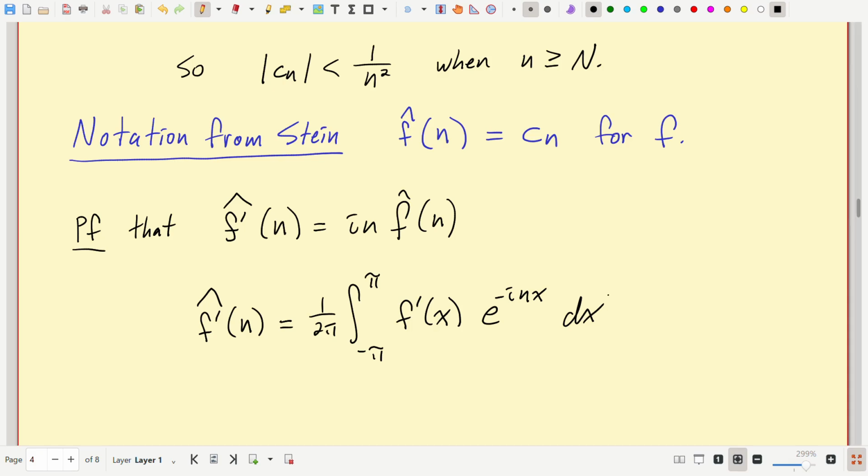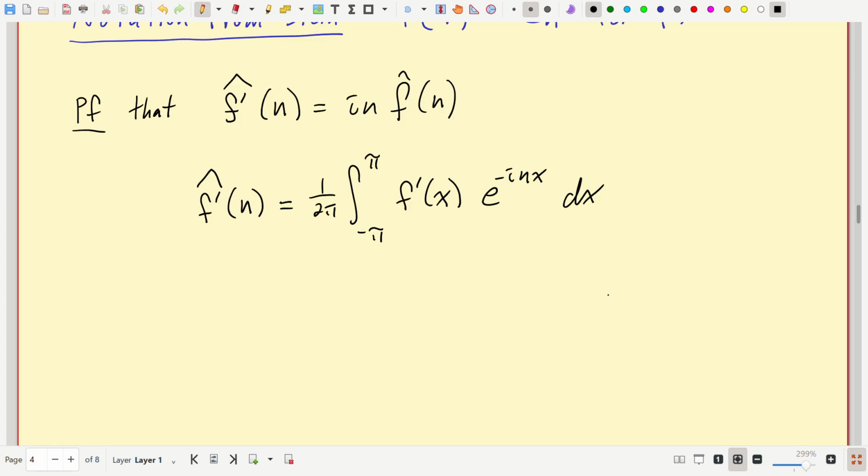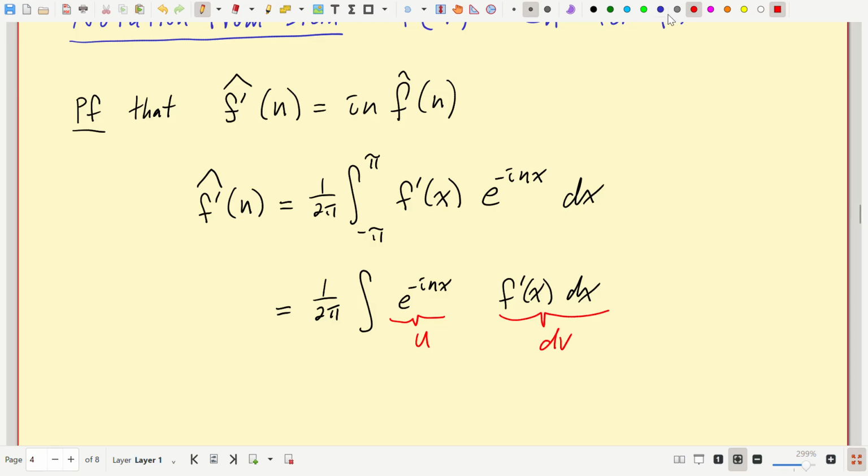That's the definition of that coefficient. And now I can use integration by parts. I'm going to rewrite this as 1 over 2 pi, with e to the minus i n x here and f prime of x dx here. This is going to be my u, and this is going to be my dv, and I'm going to integrate from minus pi to pi.